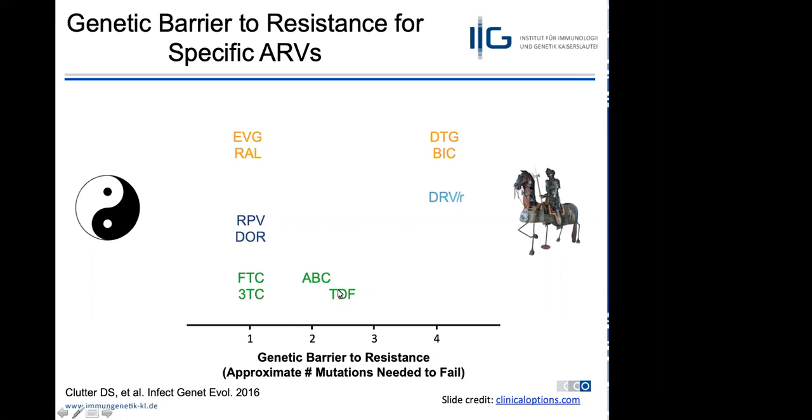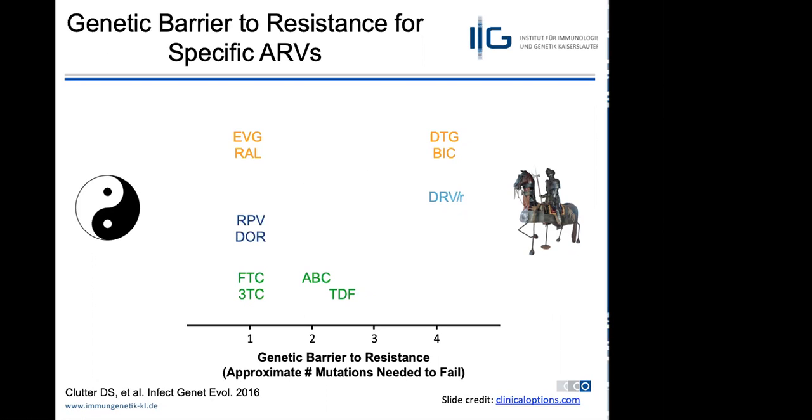We do see tenofovir, and on the other hand, dolutegravir, bictegravir, and darunavir are the drugs with the complex resistance profiles we are still using in modern antiretroviral treatment regimens. But it's really important: we are now more and more relying on integrase inhibitors, and we are really happy having these new drug classes at hand.